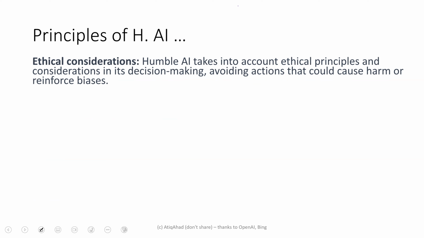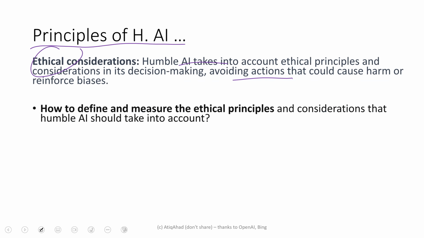So we saw the principles of humble AI and the transparency issue. What about ethical considerations? Humble AI takes into account ethical principles and considerations in its decision making, avoiding actions that could cause harm or reinforce biases.